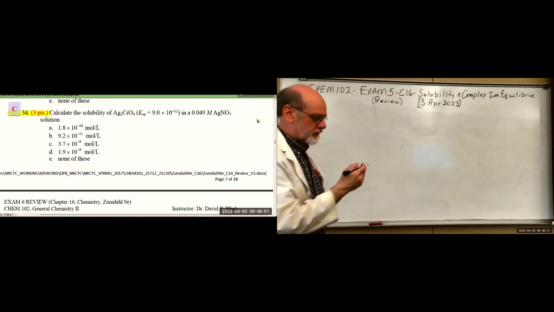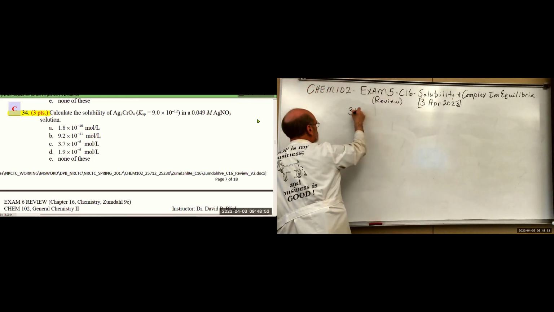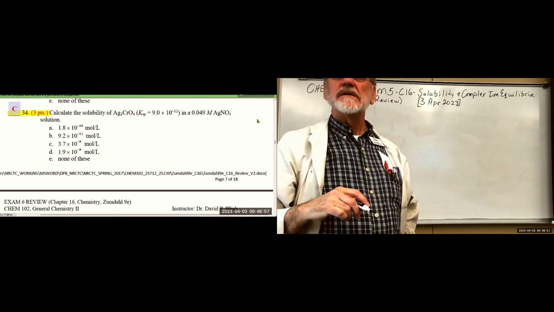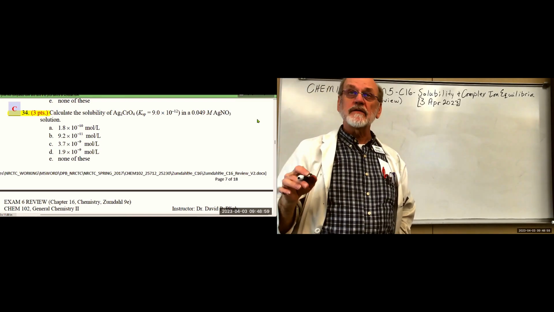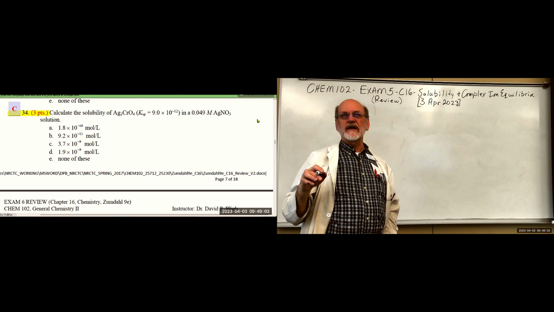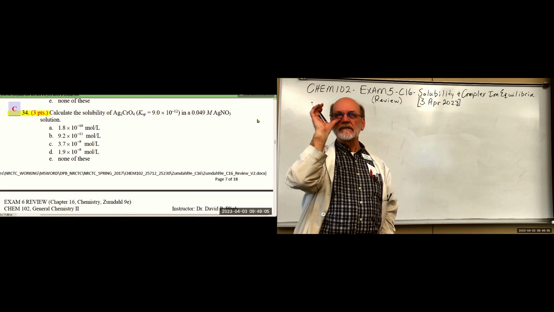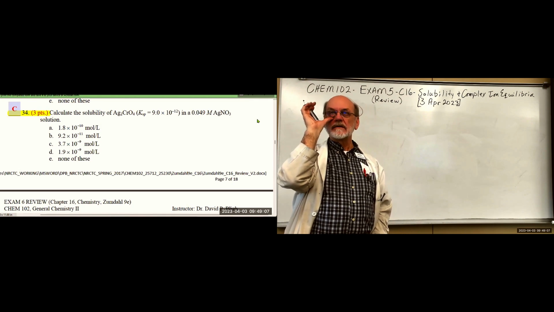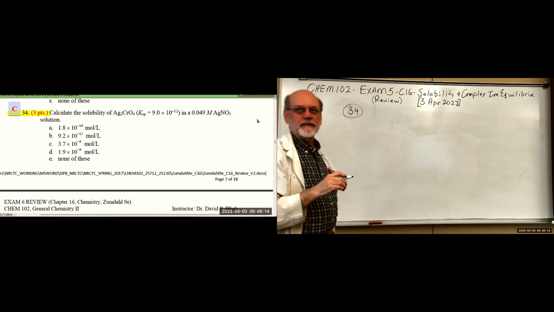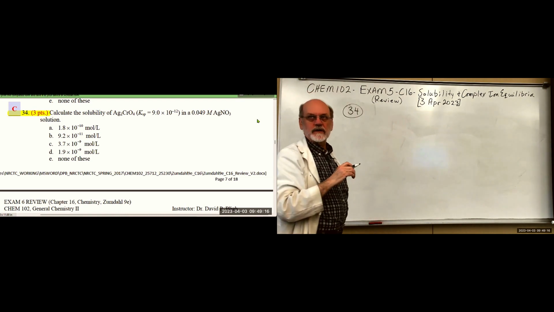All right, 34. Let's see, is this one going to take some? Calculate the solubility of silver chromate in 0.049 silver nitrate solution. Okay, this one's fairly straightforward.